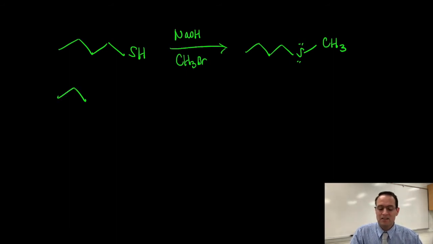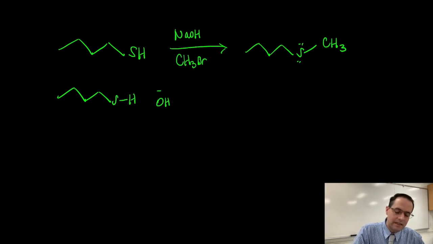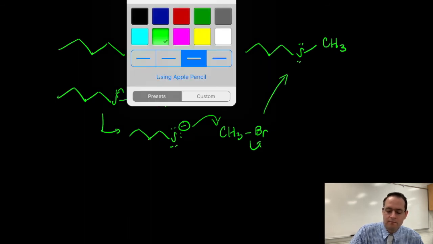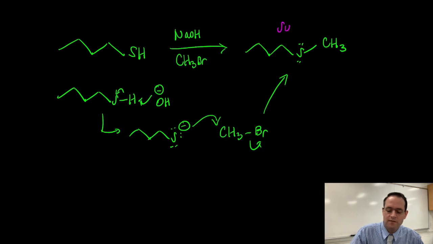That mechanism there is also an SN2 reaction. The thiol becomes deprotonated. You make the thiolate, and that can attack bromomethane, thereby kicking off the leaving group to give you what's called a sulfide, okay?